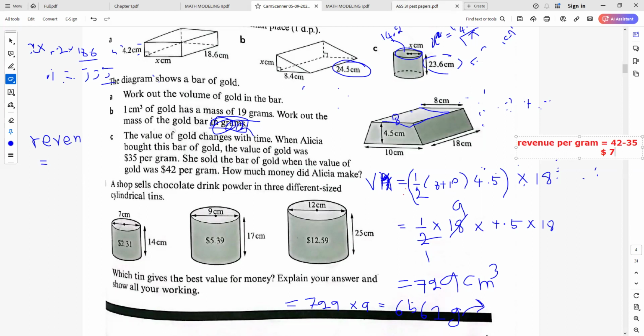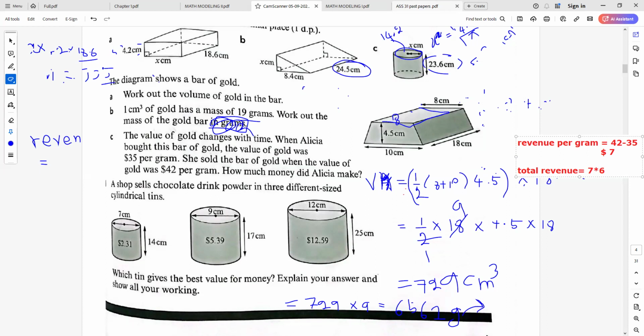Okay, $7. Now the total bar weighs this amount of grams. So the total revenue is equal to 7 times the mass in grams, if I'm not wrong.